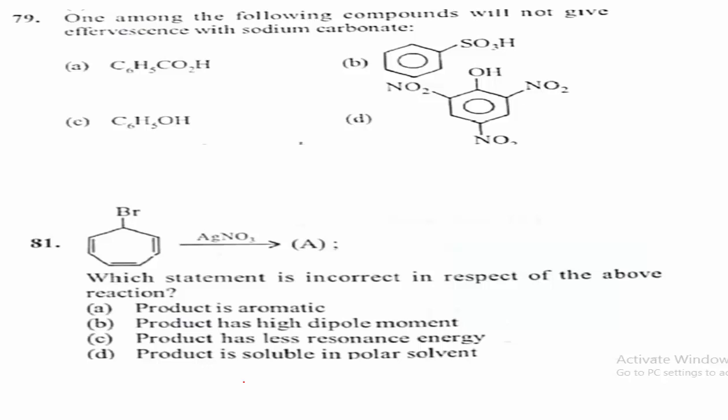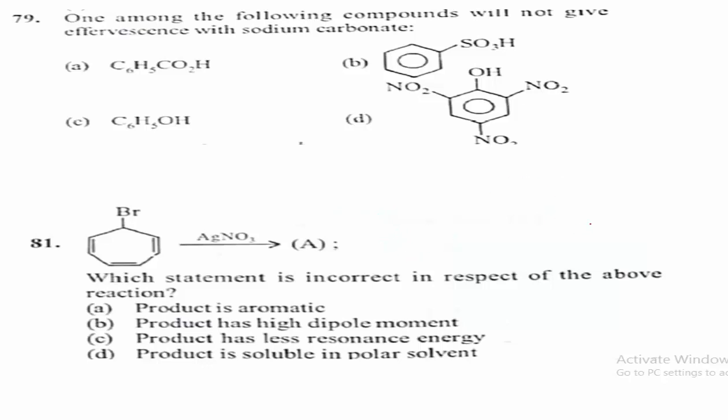students, when you observe the given options, one thing you remember: phenol does not react with sodium bicarbonate. Remember, phenol does not react with sodium bicarbonate, as well as it does not react with sodium carbonate. Picric acid is a phenolic compound. Yes, is it right? Picric acid, you know, is 2,4,6-trinitrophenol.